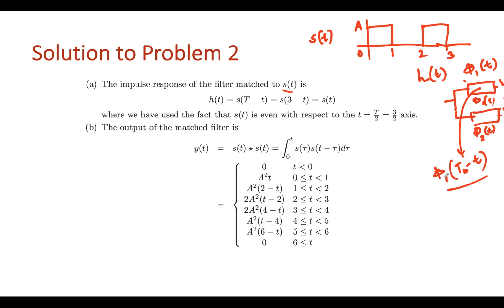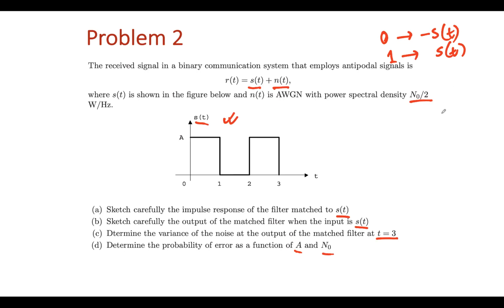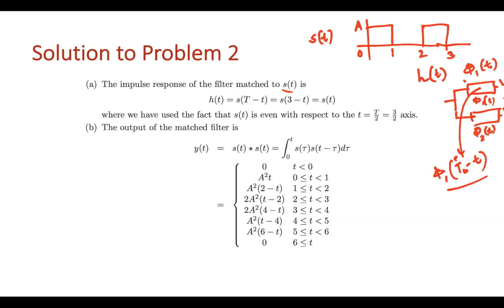So you have to apply that concept here. TB was the bit duration. Here your bit duration is capital T. So basically the matched filter matched to st is nothing but s of T minus t, same as this concept.